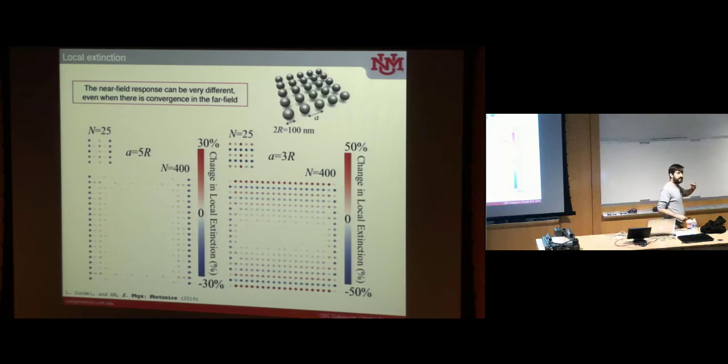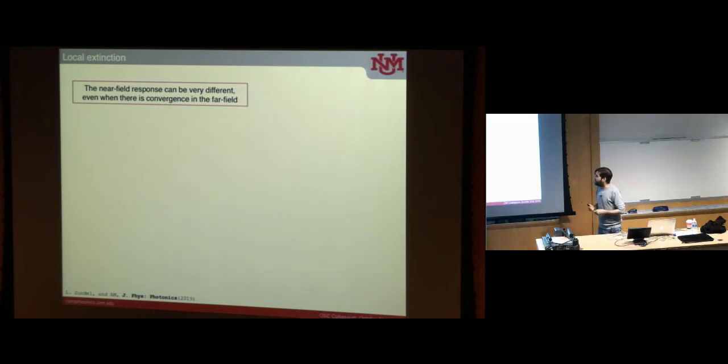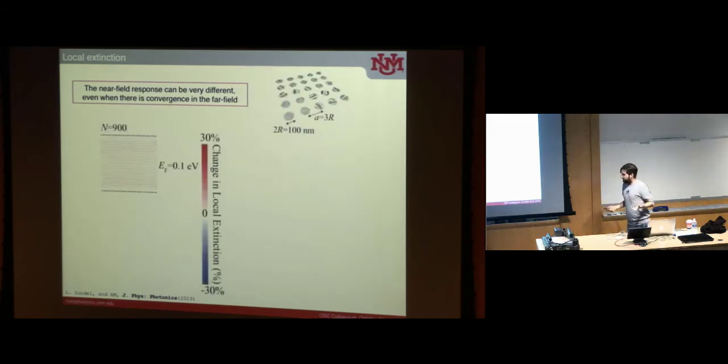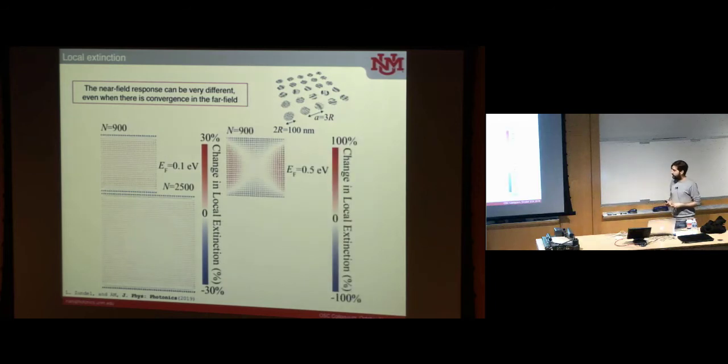So even though you could have predicted that this 25 or this 400 particle array gives the exact same extinction as an infinite array, if you are going to work with one part of your array, you had better work at the center, because on the edges it's going to give you something different. Now, if you go to graphene, which gives a stronger interaction, the variation you see can be quite large. You can have like 100% difference from what you would predict with the infinite array model.